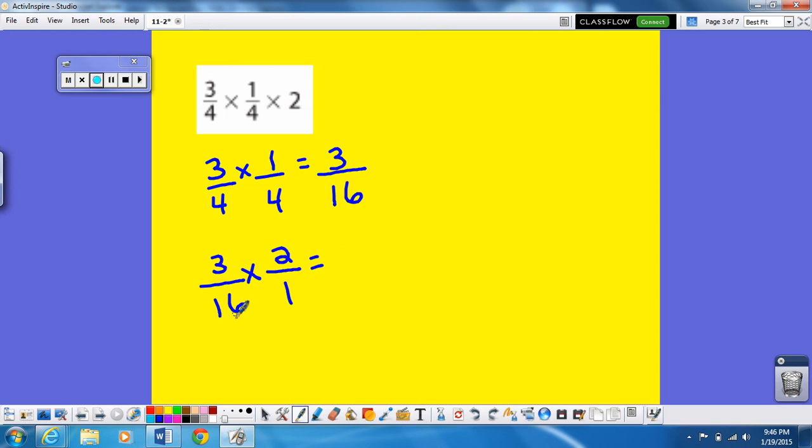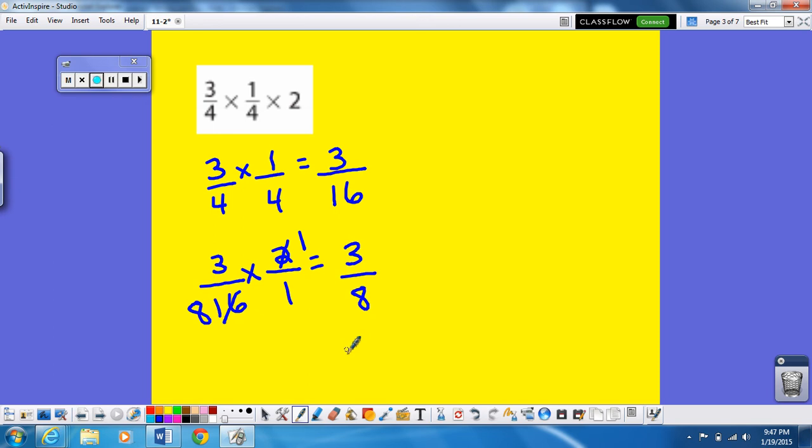By cross-canceling, I mean you look at the opposite numbers, the numerator in one and the denominator in the other. If they have a common factor, you can reduce those down. 2 and 16 both have a common factor 2, so I'm going to reduce both of those by 2. 2 divided by 2 is 1, 16 divided by 2 is 8. So my new problem is 3/8 times 1, and my answer is 3/8.